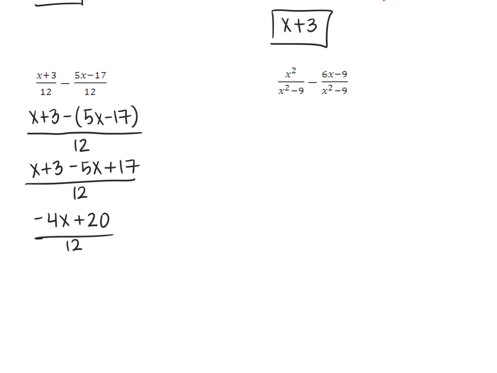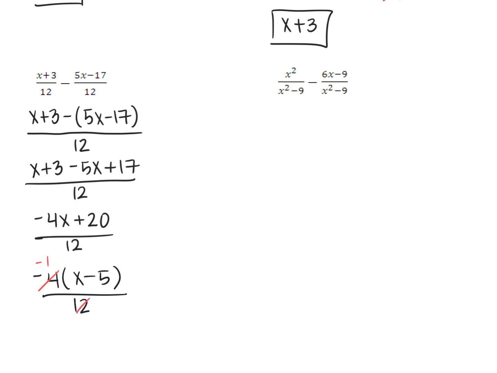In my numerator, I'm going to have a GCF of negative 4x and 20. If the number in front of x is negative, I'm actually going to factor out a negative. That way I don't have to deal with a negative in front. So when I factor out negative 4, I get x, and then it actually becomes minus 5, all over 12. Now I want to simplify negative 4 and 12, both divisible by 4.